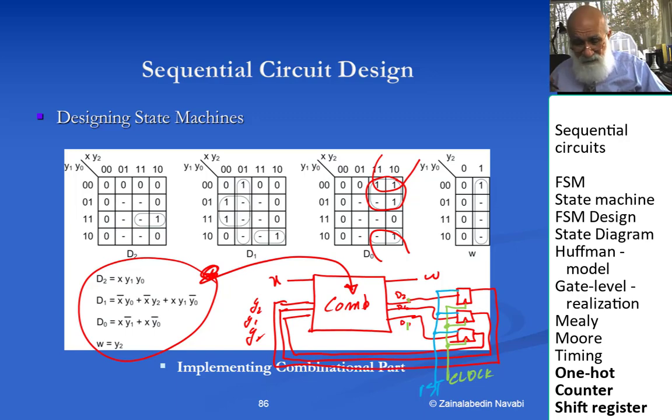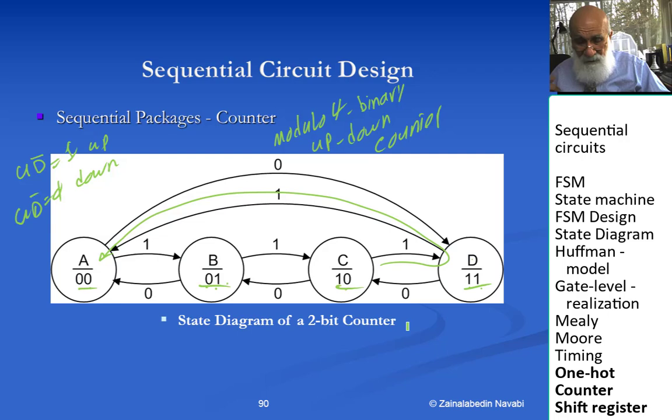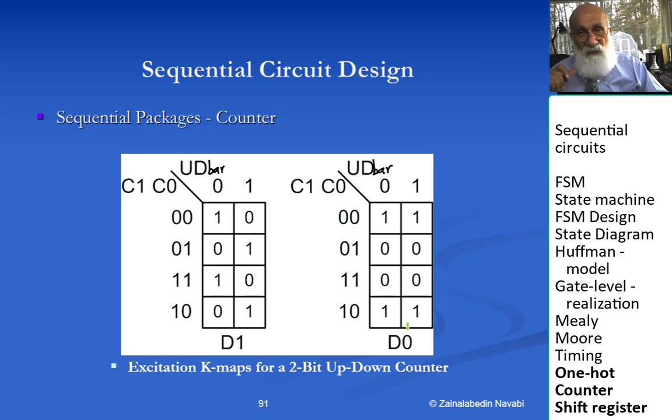I have skipped in this counter example all of those steps and go directly from this state diagram to my excitation tables for D1 and D0.